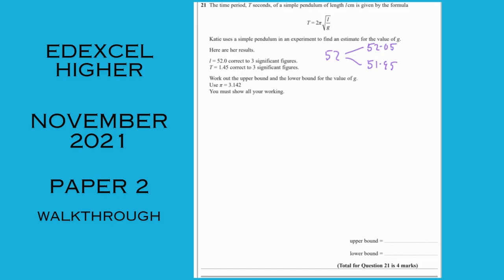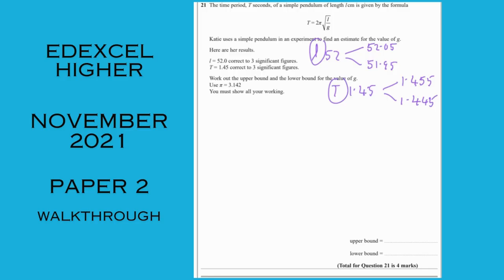Same with T. We've got 1.45 and 3 sig figs, so that's nearest penny. So we need to go up and down by half a penny, or in other words, 0.005. And 1.445, and that's L and T.